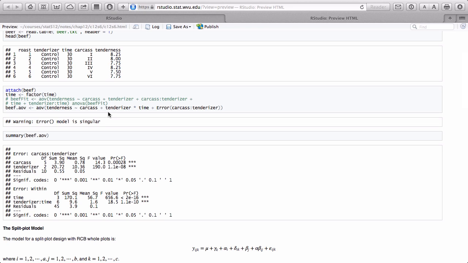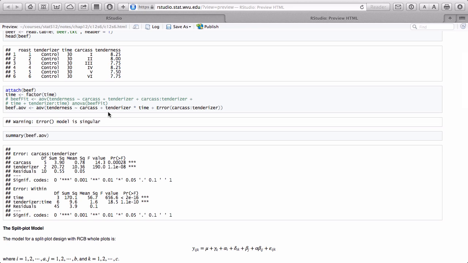So we get the following model. Forget that warning message about the error model being singular, because in fact it gets the correct thing. If you look down below, it says Error: carcass by tenderizer in this one group, and then it says Error: Within. That's the other group.